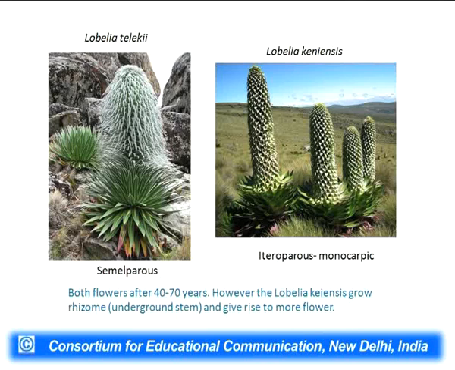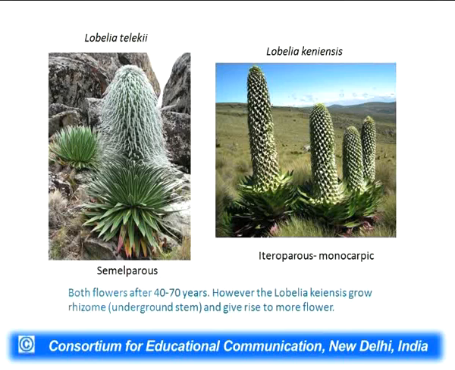Both of the plants look like the silver sword plant which I have shown you before. And again, if you look at the lifestyle, both types of plants need 40 to 70 years before they flower. So, it is a perennial plant, it grows for years and years, but the plant flowers only once.